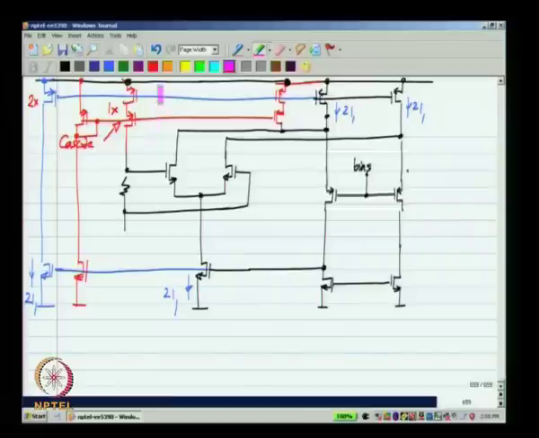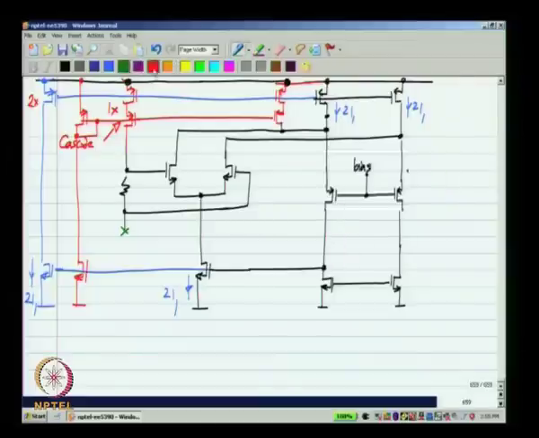So, that this gate voltage is lower than that gate voltage, that is possible. And finally, we have to fix the voltage at this particular node, and that is fixed such that the common mode voltage of this differential pair is similar to the common mode voltage of the differential pair we are trying to bias. So, let me draw that.